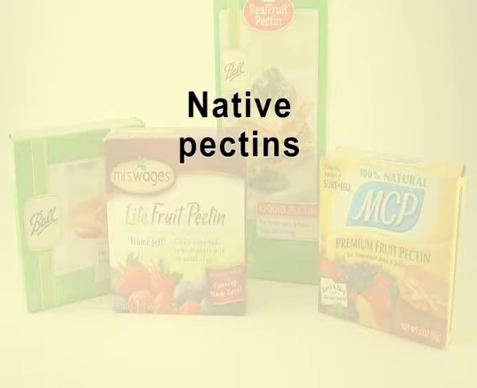All of the above factors make the structure and molecular weight of pectin vary from plant to plant and even among tissues in the same plant. Therefore, the chemical structure and composition of pectins are studied by classifying them into native and commercial pectins.